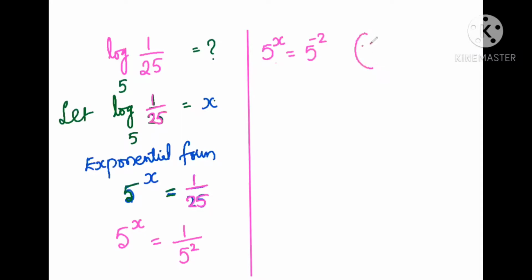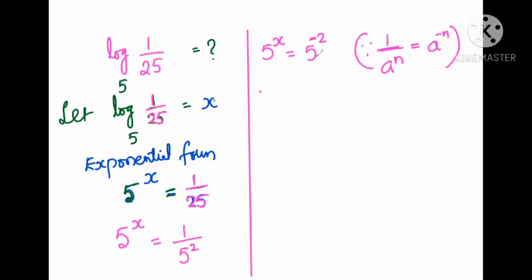Here is a formula. 1 by a to the power of n is equal to a to the power of minus n. The laws of exponent, we have a formula: 1 by a to the power of n is equal to a to the power of minus n. So 5 square can be written as 5 to the power of minus 2. When it is brought to the numerator, the symbol will be changed. If minus symbol is there, it becomes plus. If plus symbol is there, it becomes minus.